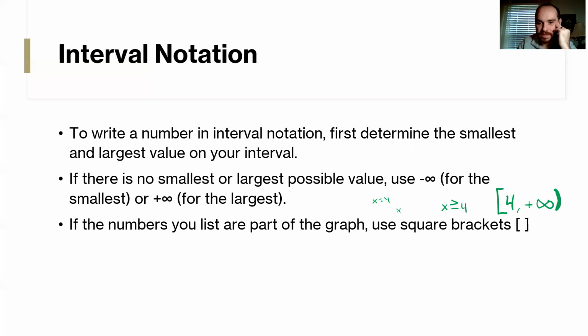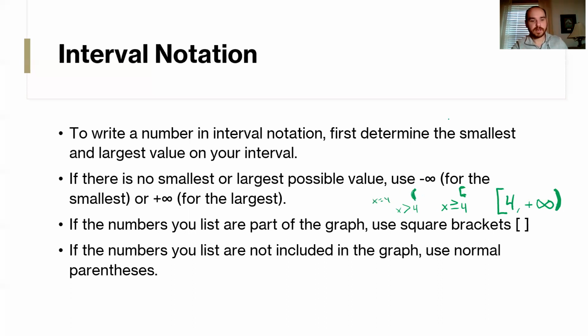If this was just x is greater than 4, then I can't actually be at 4, so I would use a normal parenthesis. So basically, if you see this equal to sign, you're going to use a square bracket, and if you just see a greater than or less than, you're going to use the normal parentheses. So this right here, if the numbers you list are not included on the graph, you use a normal parenthesis.